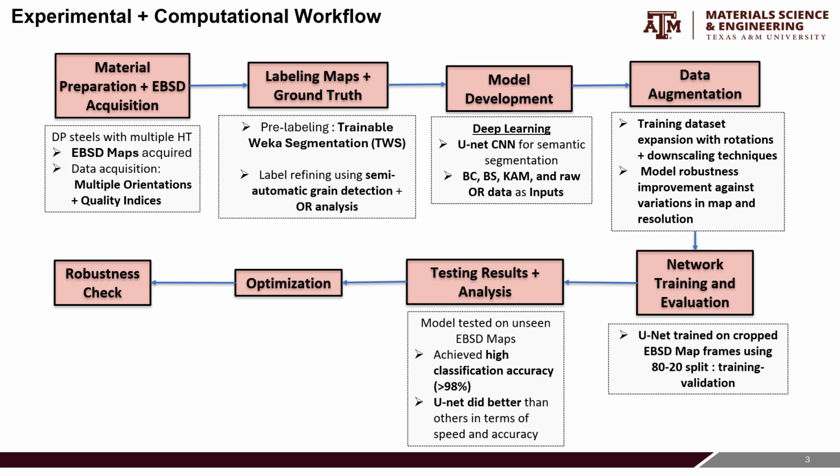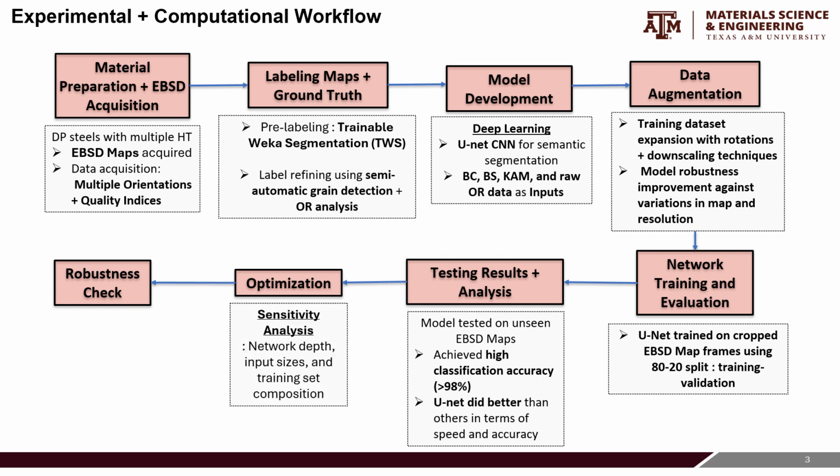With the inputs, more or less the band contrast, band slope, and kernel average misorientation, they were able to obtain a high classification accuracy, approximately more than 98%. And when compared to other algorithms, the U-Net performed much better.